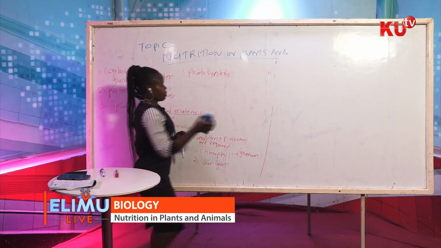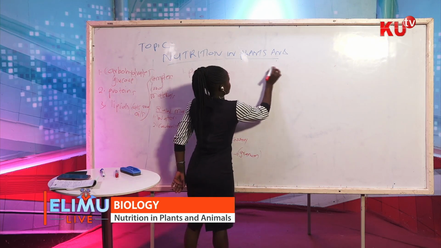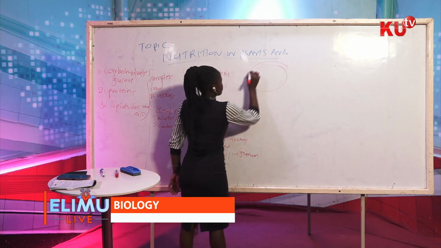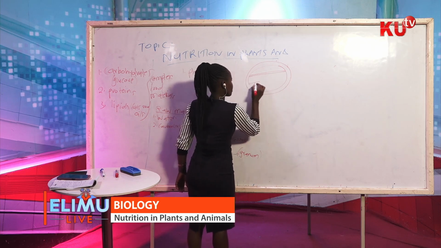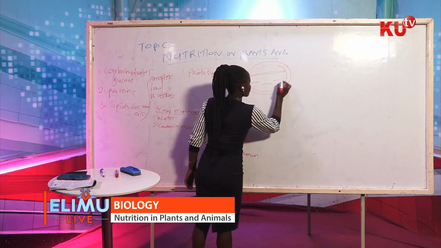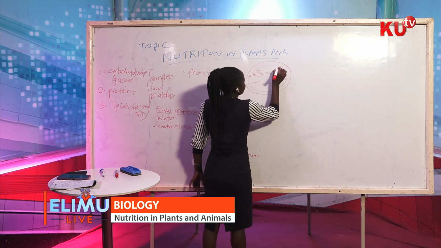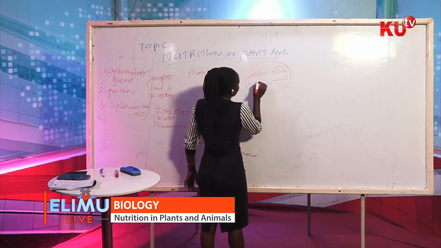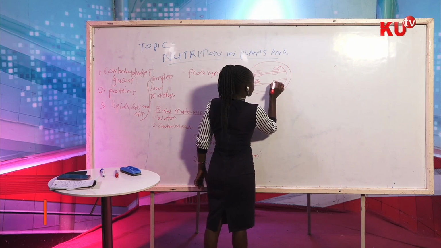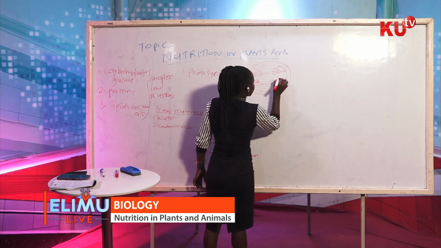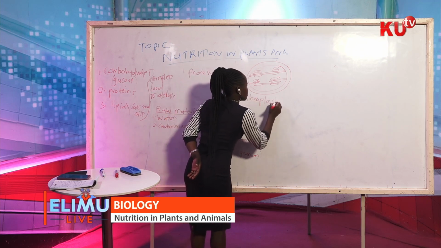If I may have a structure of the chloroplast, this is the structure of the chloroplast. This is the outer membrane.